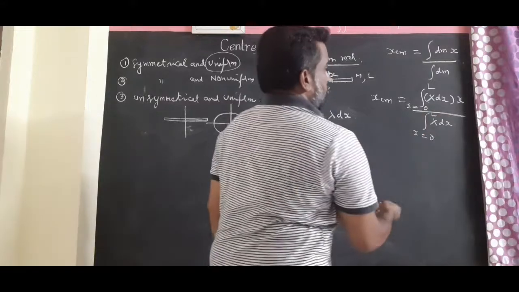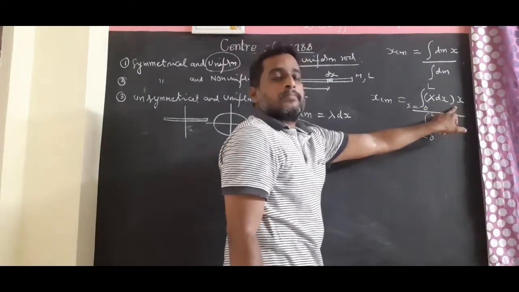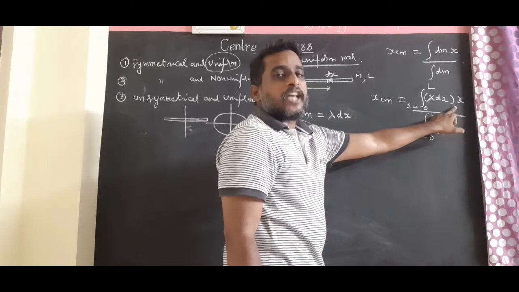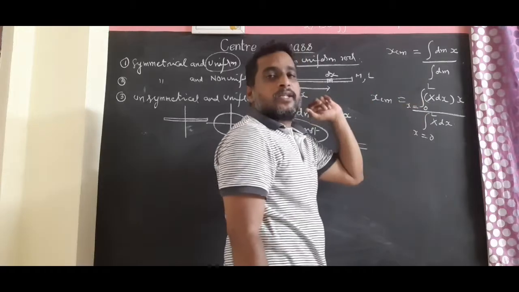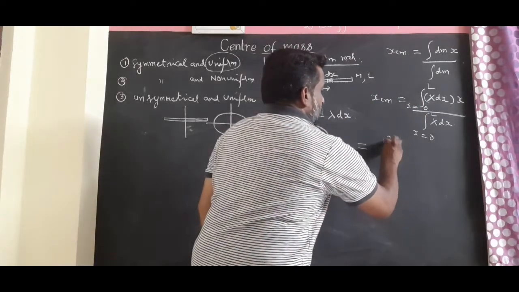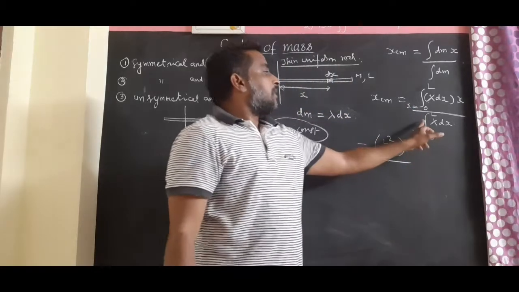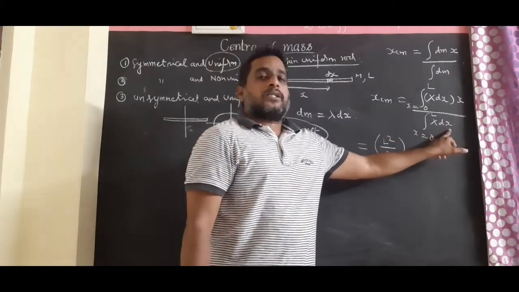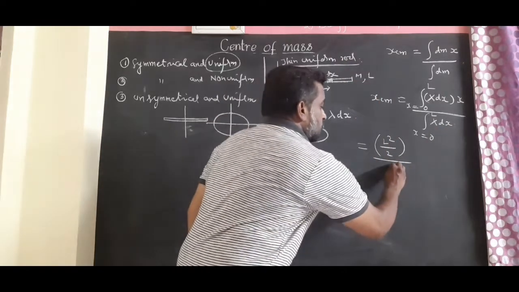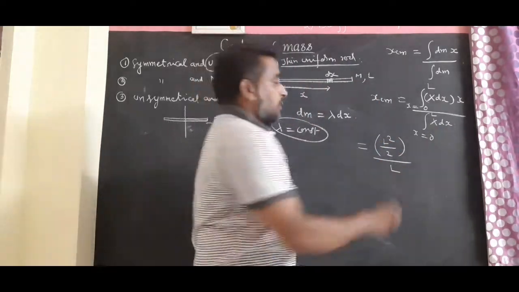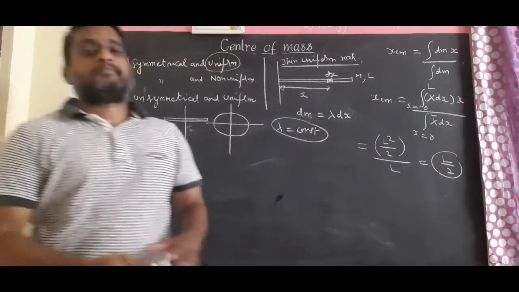You can eliminate that. Therefore, this will be equal to integral x dx, nothing but x square by 2. After substituting limits, it will become L square by 2 divided by integral dx, nothing but x. Limits are from 0 to L. After substituting limits, it will become L. So that will be equal to L by 2.